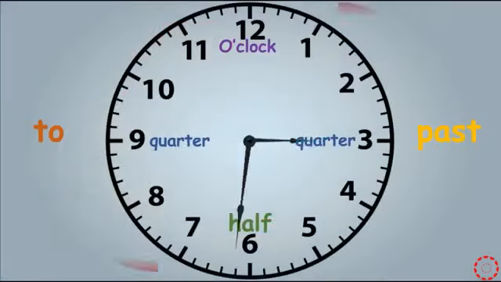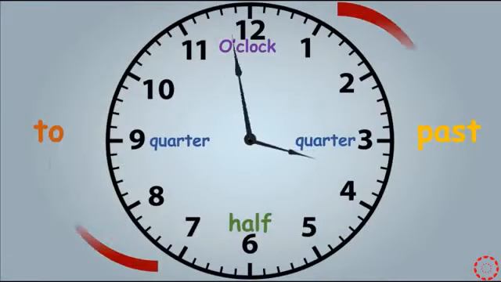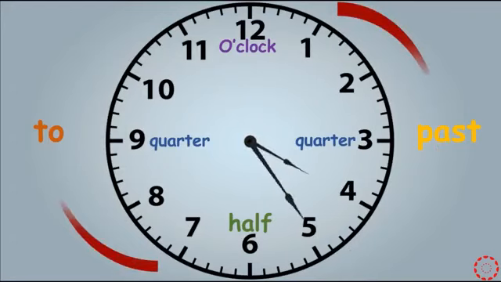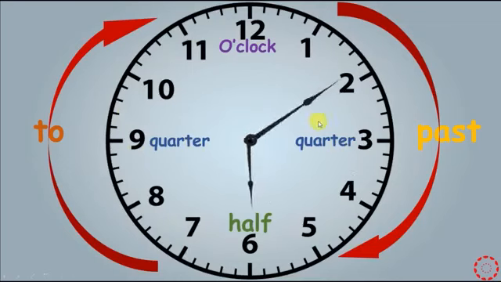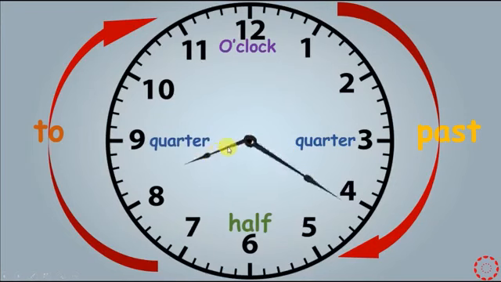For example, we have a clock. At first, we have to divide the clock into two sides, the right side and the left side. And we have two elements. This long one, which is very fast, is the minute hand, and the short one, which is very slow, is the hour hand.